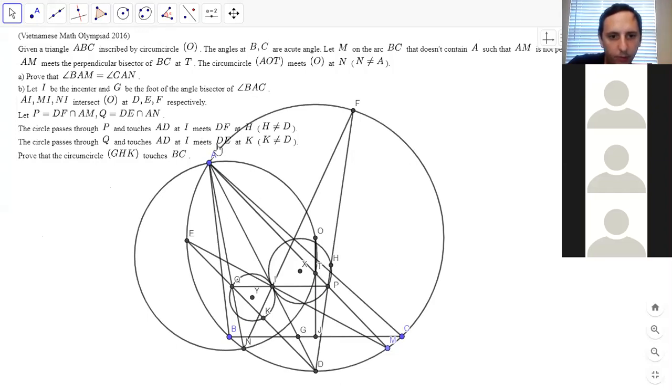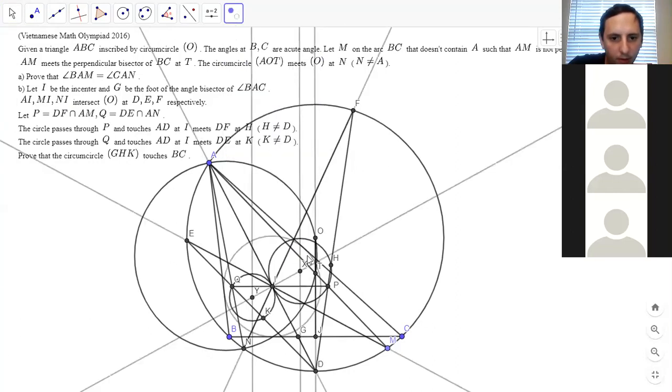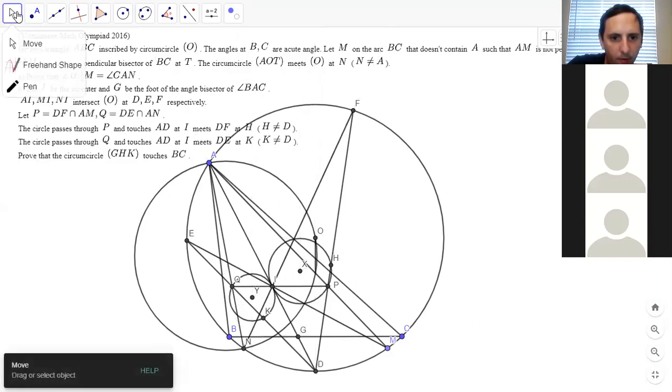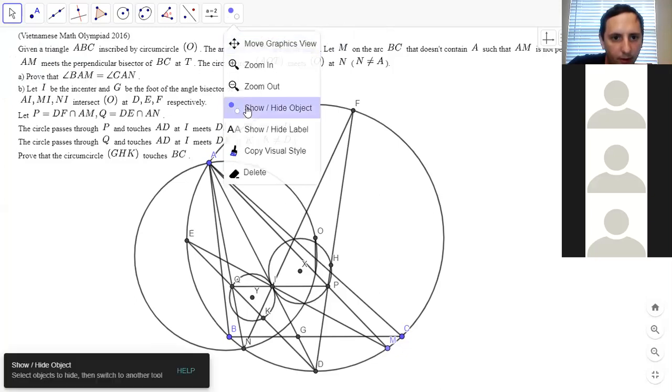We know that AN and AM are orthogonal. So yeah, we can hide that. I mean, we could keep point J in there if we wanted, but I'll just hide it for now. But we don't need the circumcircle of AON.